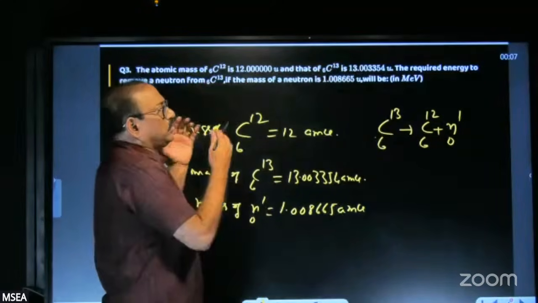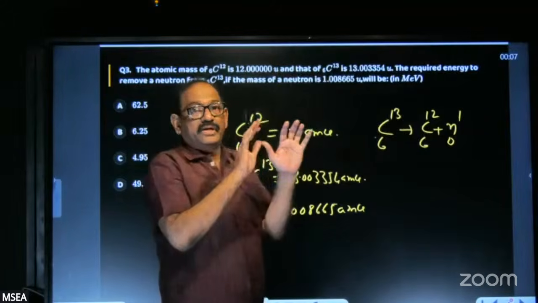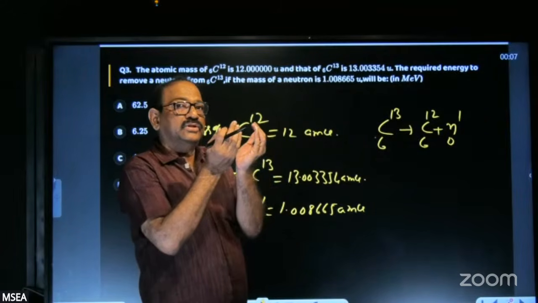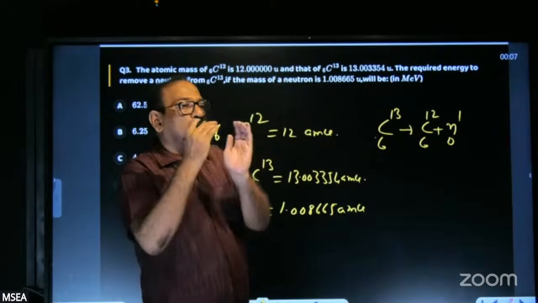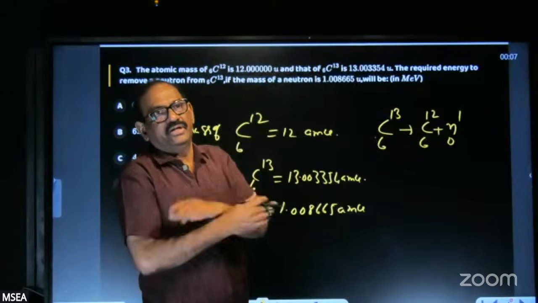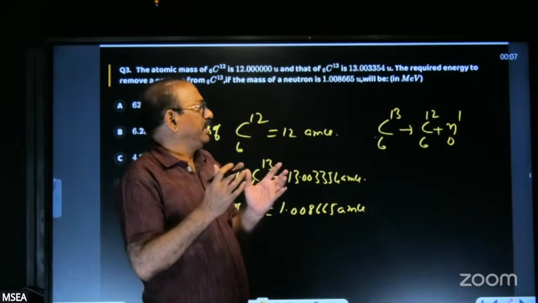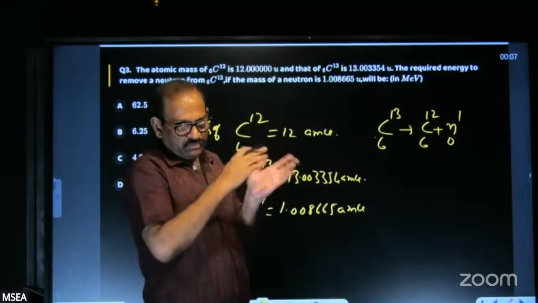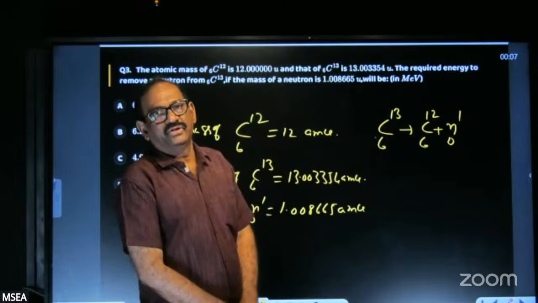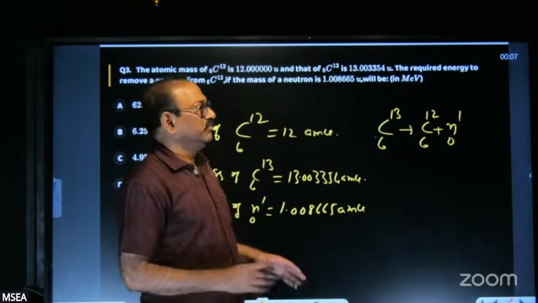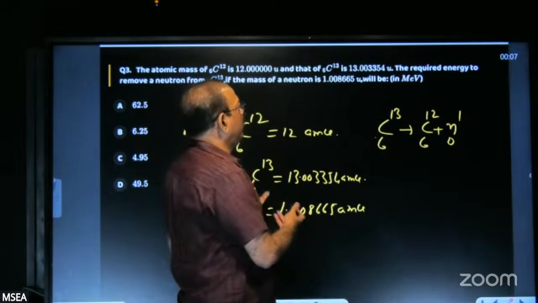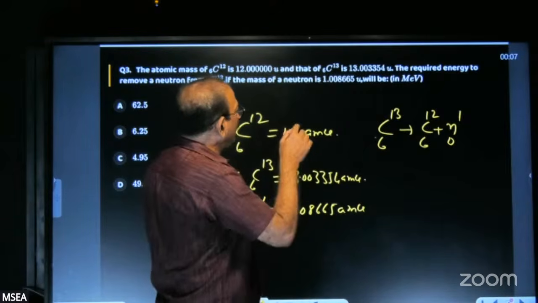There, we found the total binding energy of products and the total binding energy of reactants, and then subtracted them. Energy required we got.